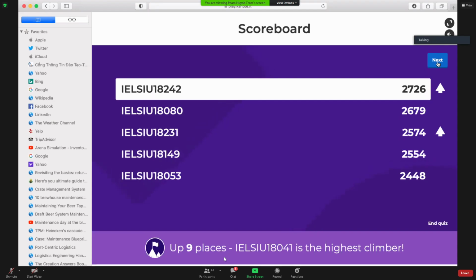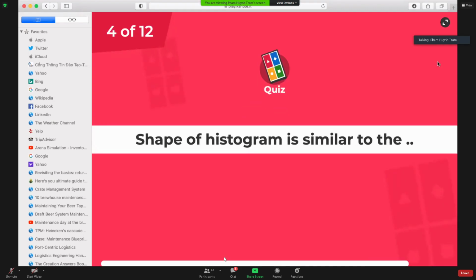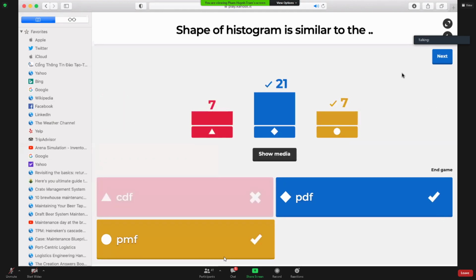Right, so next. The shape of histogram is similar to the CDF, a PDF, a PMF. All right, so actually here we have two correct answers. It's either PDF or PMF. PDF is for the case of continuous data.